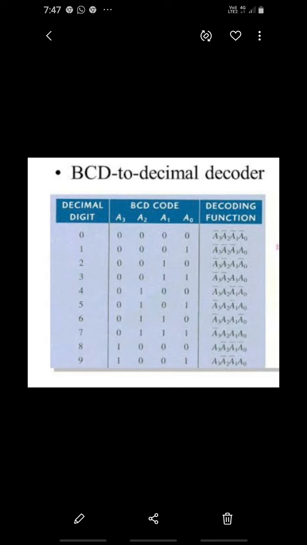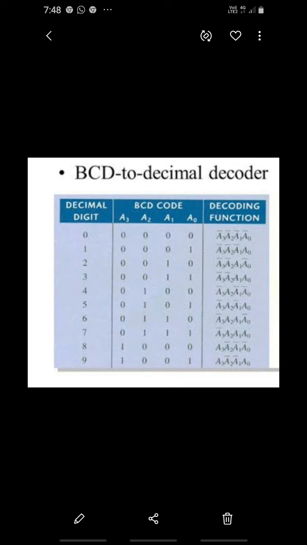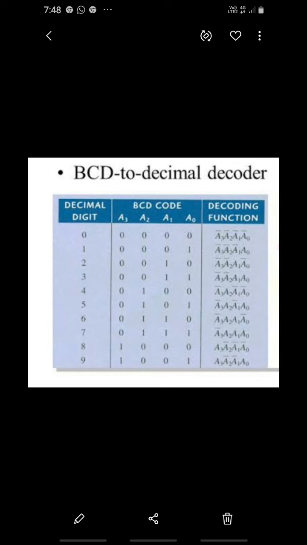And next take y4: A0 bar, A1, A2 bar, A3 bar. Next take y5. So here A0 bar, A1, A2 bar, A3.